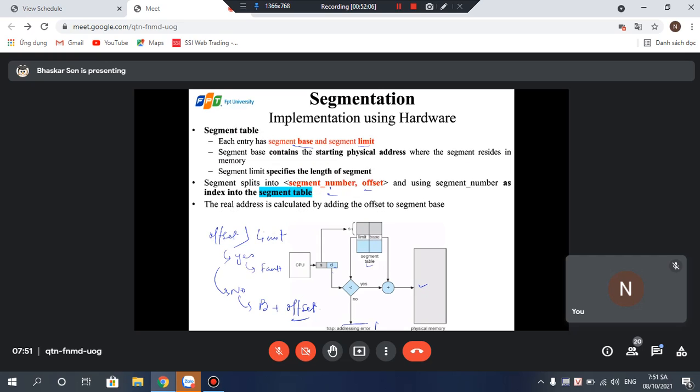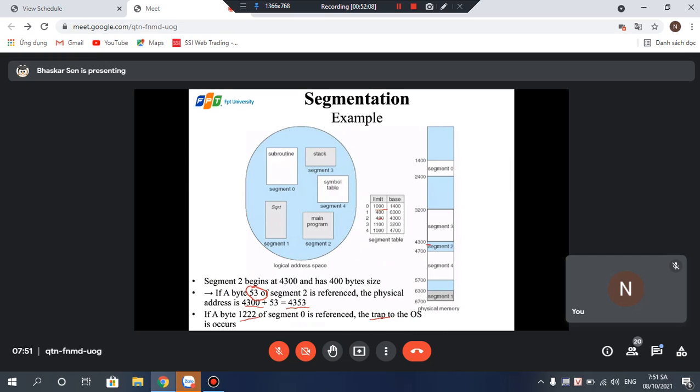We will see the benefits of it, and we know how to calculate. A quick look at an example. Say segment 2 begins at 4300, and a byte 53 of segment 2 is referenced. Where will it go? What will be the physical address? First, segment 2, limit value 400.